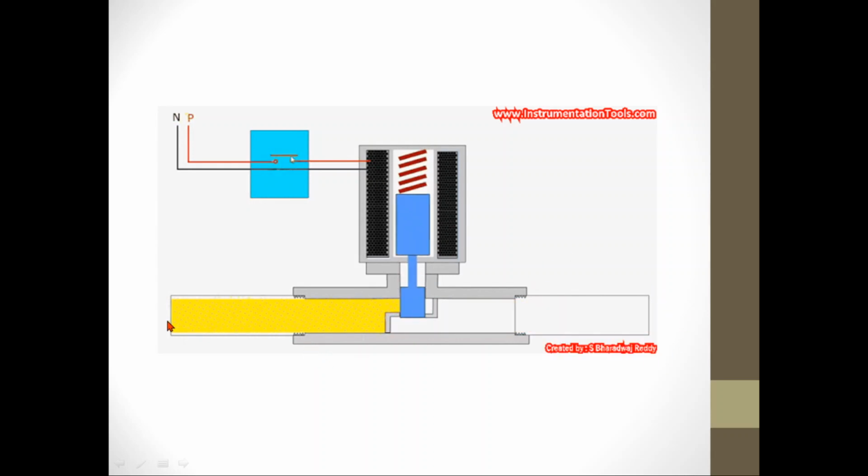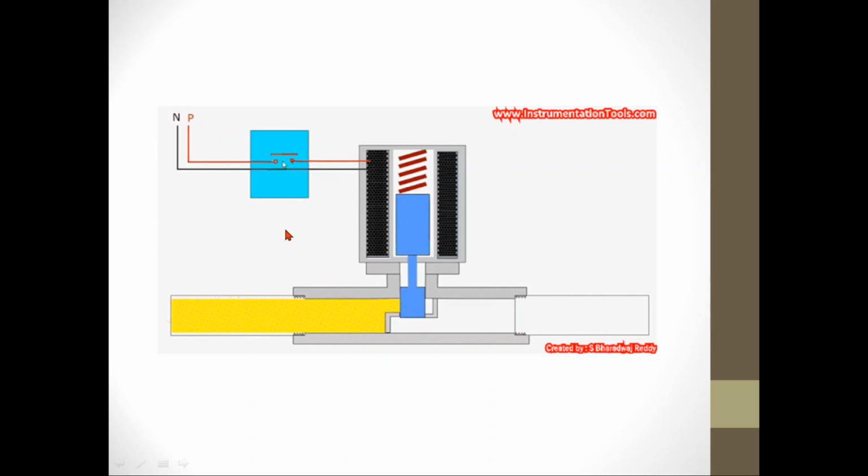As you can see, the yellow color represents the flow of air. Initially, if the plunger is in the downward position, the supply is not yet given to the coil, and the plunger blocks the flow of air.